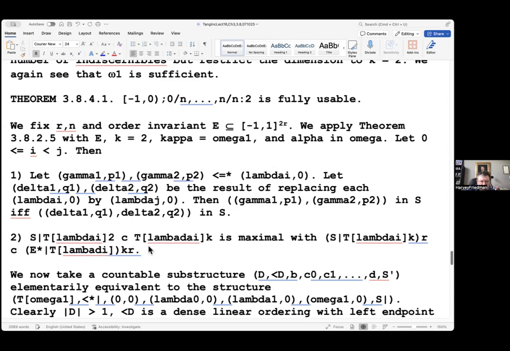And then we do want to know that we have maximality for every one of these. We're in dimension 2, aren't we?